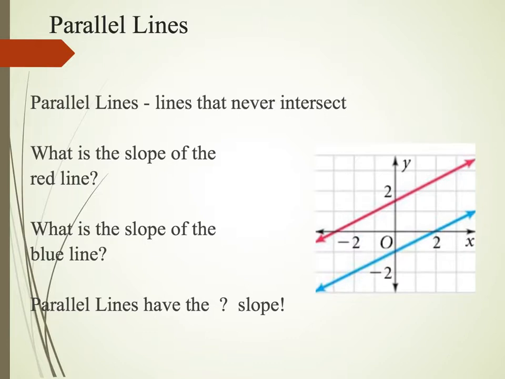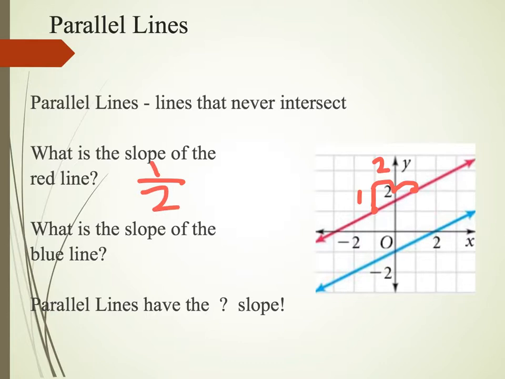So the first question says, what is the slope of the red line? If you remember, with slope on a graph, you have to do rise over run. So pick 2 points. So a rise 1 and a run 2. So 1 over 2.